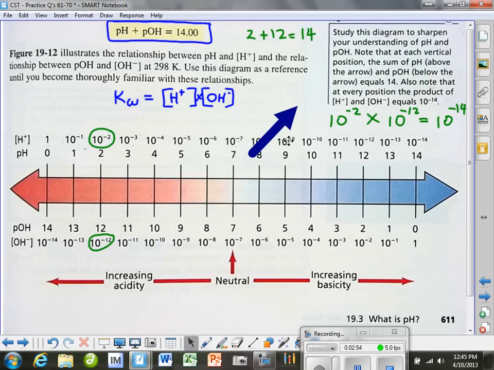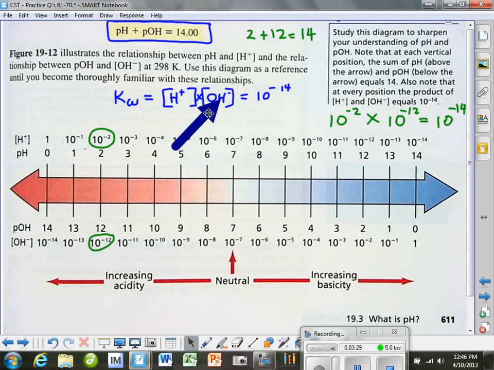So here we go with now the K sub W, which is always going to be equal to, and I haven't written that in, let's go ahead and finish that off, 10 to the minus 14. And as you will see in my example, when we come over here and deal with concentrations of hydrogen ion, we've got a 2 for the hydrogen ion concentration, that's this 10 to the minus 2, and we've got a 12 for the hydroxide ion concentration, which is this.